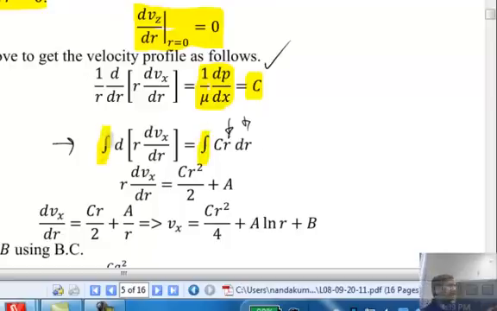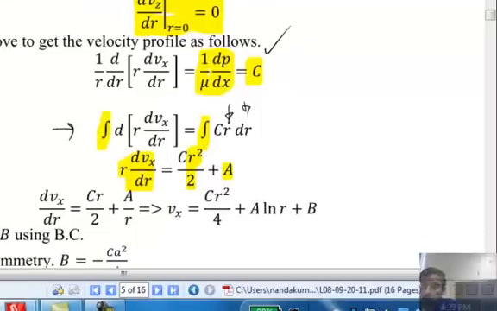The integral of the derivative simply gives you r times dVz dr. On the right hand side, the integral of C r dr becomes C r squared over 2 plus an integration constant A. Then you move this r to the right hand side. That's why you get A over r and then Cr over 2, because r squared divided by r.